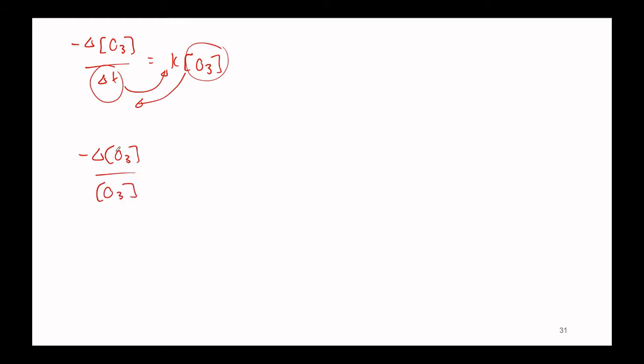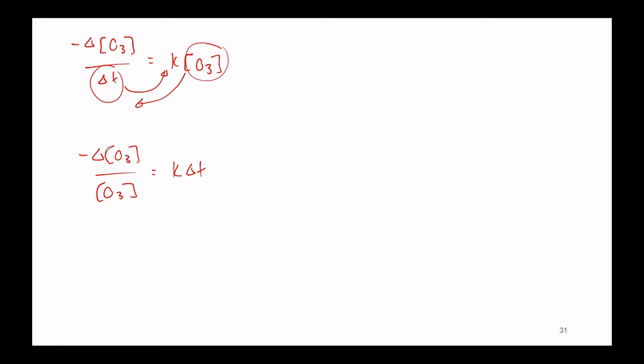And we can't just cancel these things out, again, because this delta is here. This delta represents a change in the concentration of O3. Now this is going to be equal to K times the delta of t, right? K times the change in time. Now, what is this delta? What is this change if not a representation of the increments of which this variable is changing?